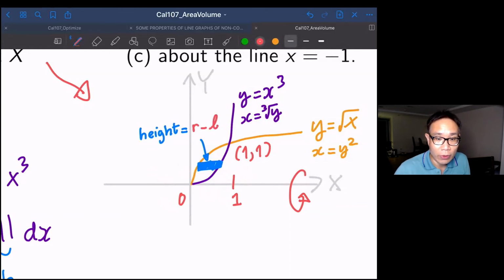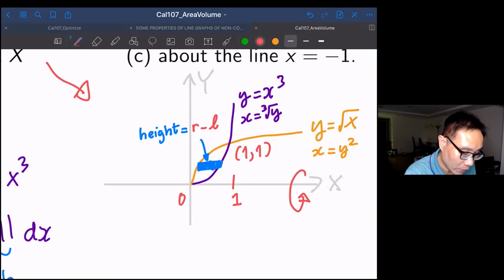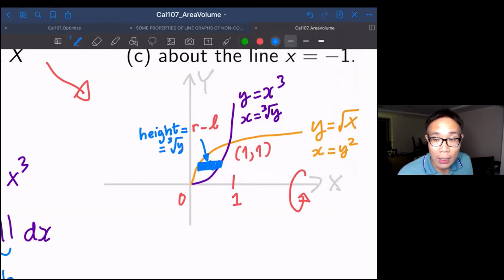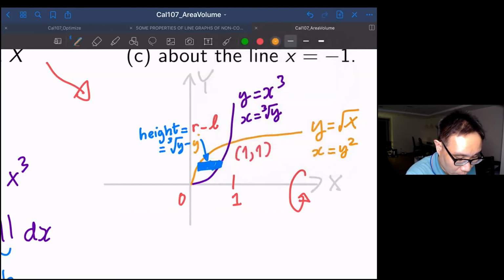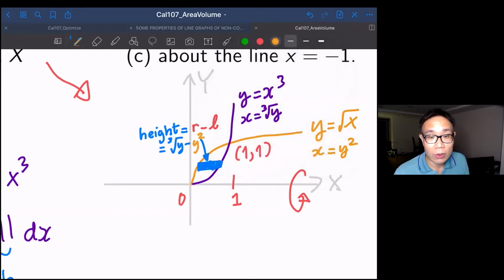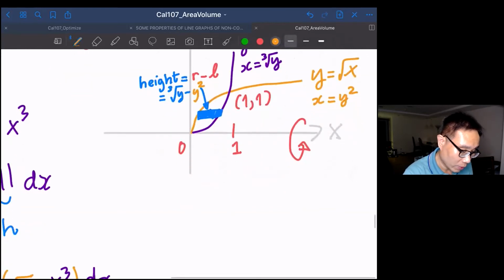The right curve turns out to be x equal to the third root of y, and the left curve turns out to be x equal to y squared. So you're going to minus y squared. Okay, so you have the third root of y minus y squared.